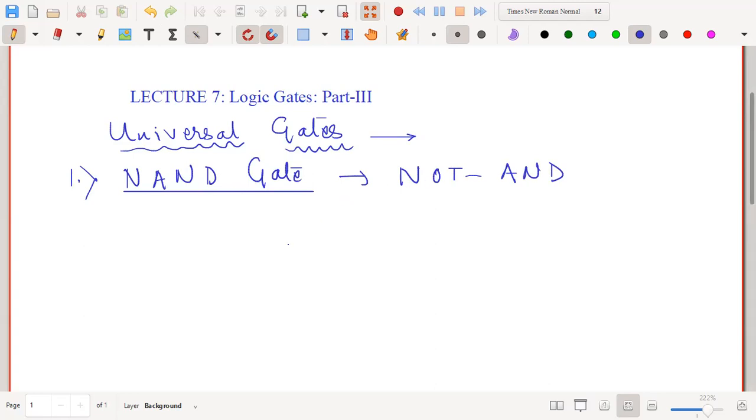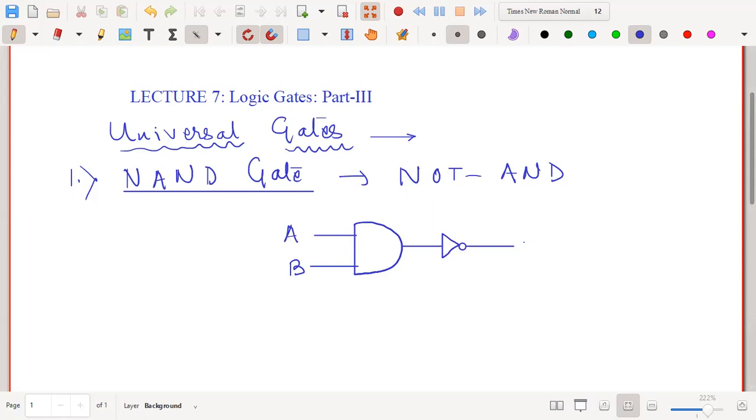Since this is a NOT AND gate, if I have to draw the symbol, I will draw an AND gate first. We already know the AND gate. A and B are the two inputs, and I will put another node here at the output.